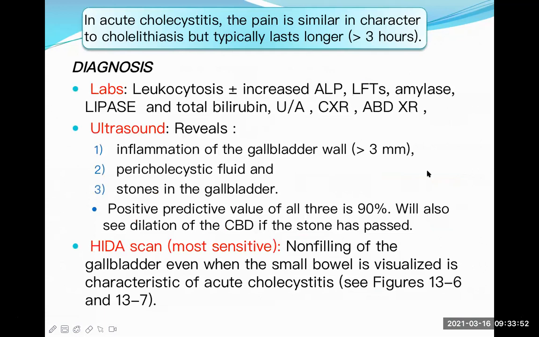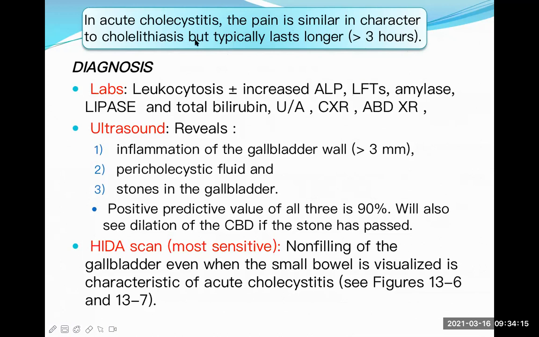So in acute cholecystitis, the pain is similar in character to cholelithiasis, but typically lasts longer because of the involvement of a peritoneum or fundus of the gallbladder. So it is a longer duration pain. In the beginning, it may look same. I already explained the mechanism.